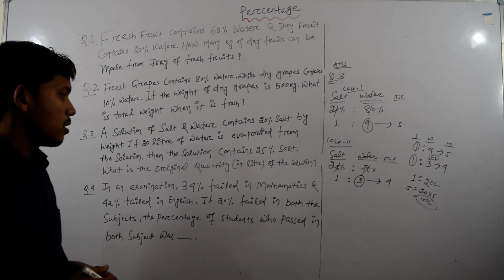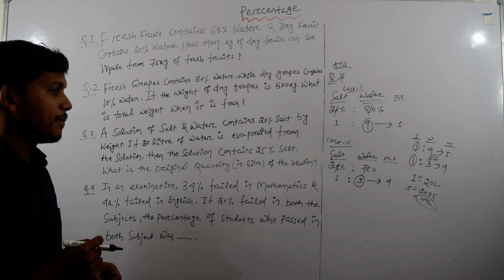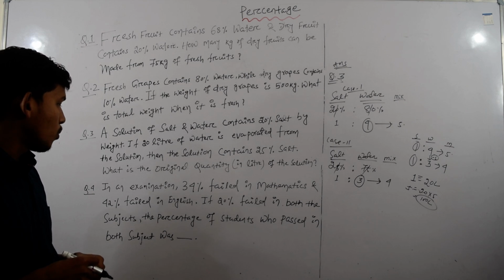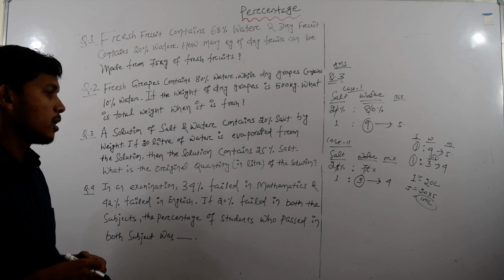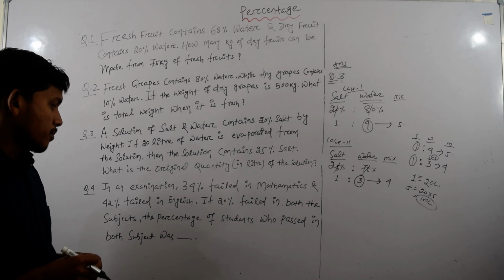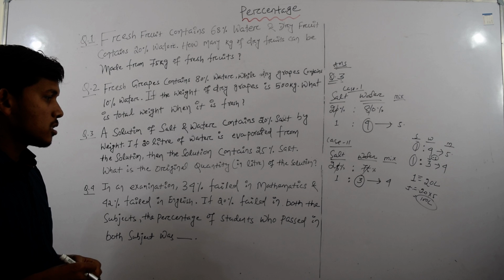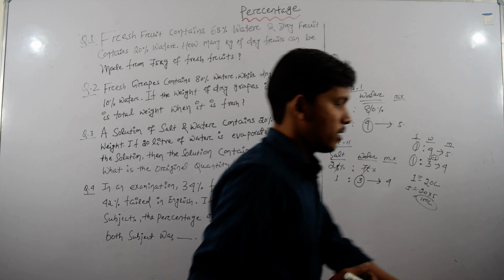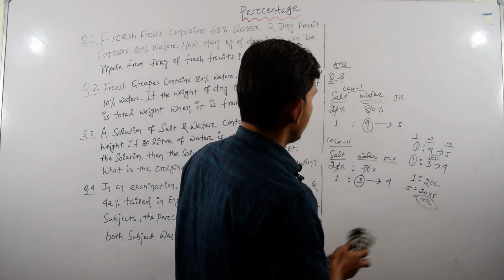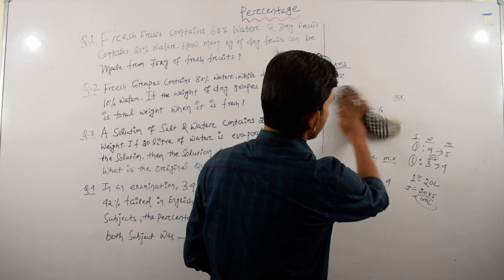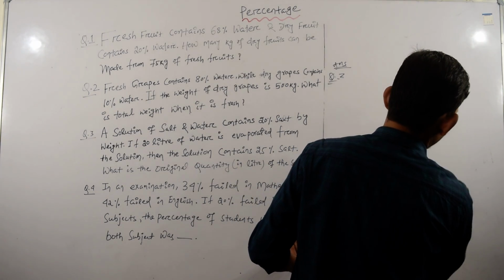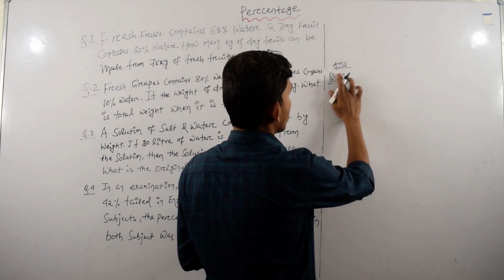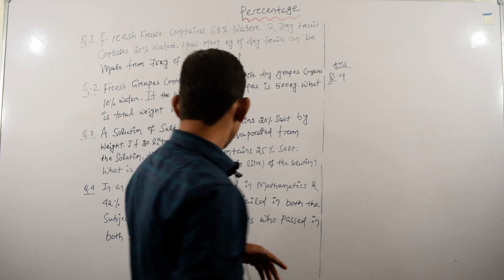In an examination, 34% failed in mathematics, 42% failed in English. If 20% failed in both the subjects, the percentage of students who passed in both subjects was. Okay, this is a very common type of question. Coming to the fourth question.